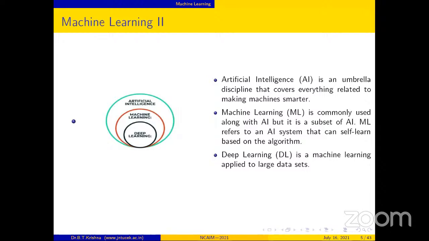Machine learning is a subset of artificial intelligence, and here, based on the algorithm, the training is going to take place, and the output is obtained in the machine learning process. And deep learning is a type of machine learning, but the input to this deep learning is nothing but large data sets.